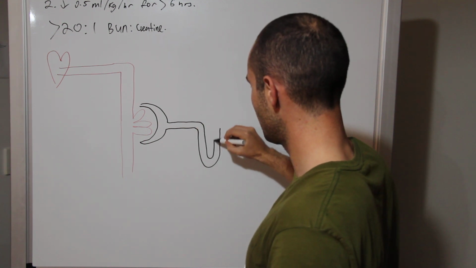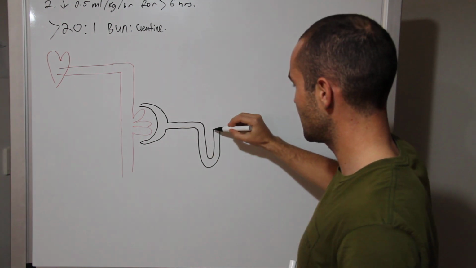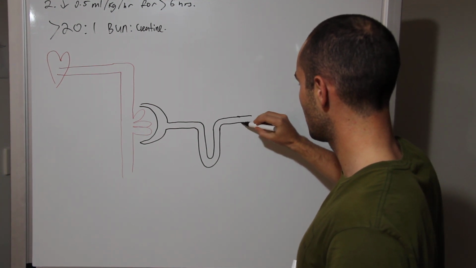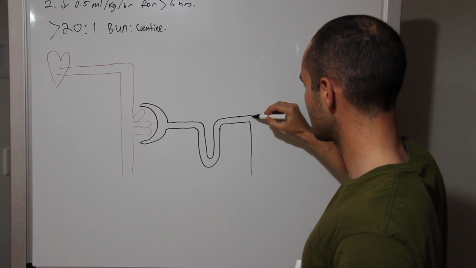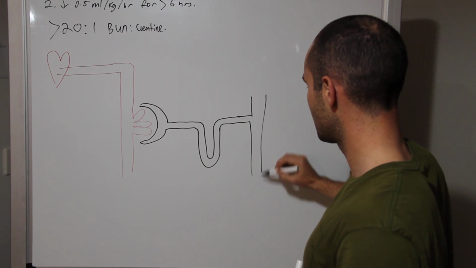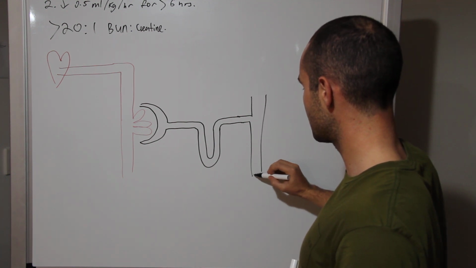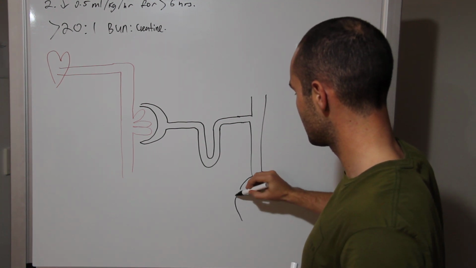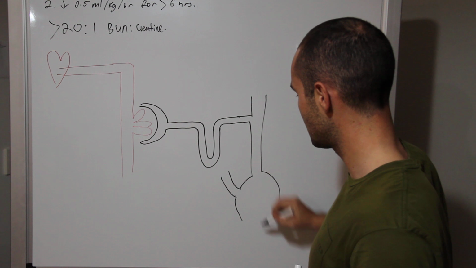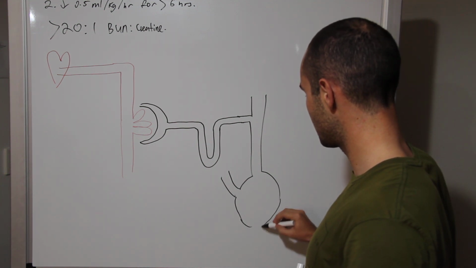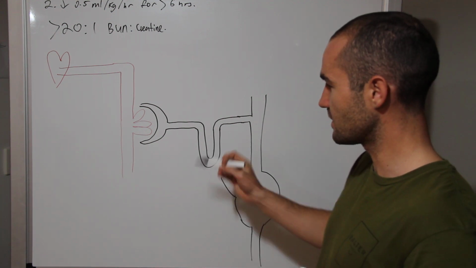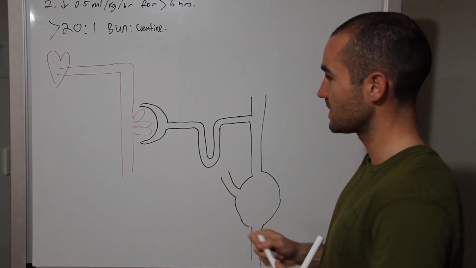That's our loop of Henle. The PCT, proximal convoluted tubule, distal convoluted tubule, which empties into the collecting duct. That passes into the bladder, which has two ureters, and then comes out through the urethra. That's a very basic picture of the nephron.